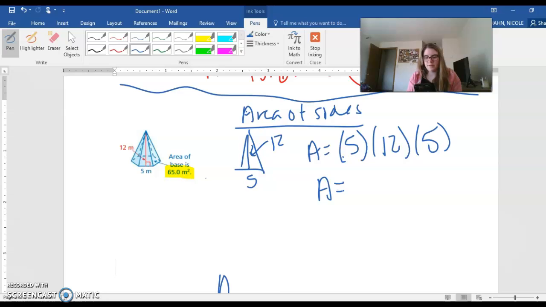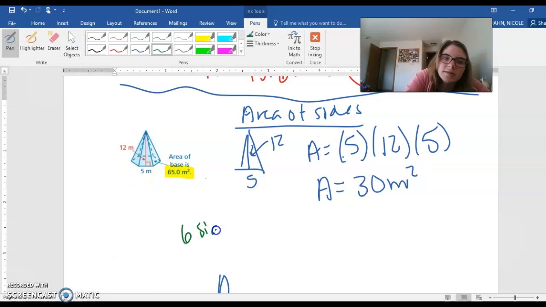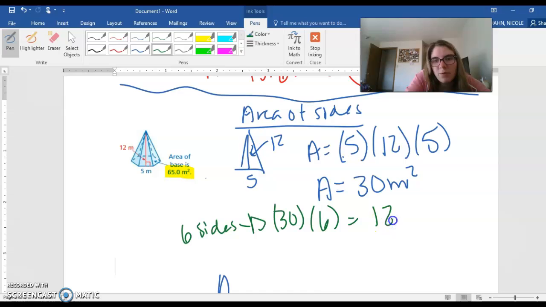Yep, you get 30 meters squared. And then there are how many sides? If we look, there's 1, 2, 3, 4, 5, 6 sides. So if I take 30 times 6, that's going to give me 180 meters squared.